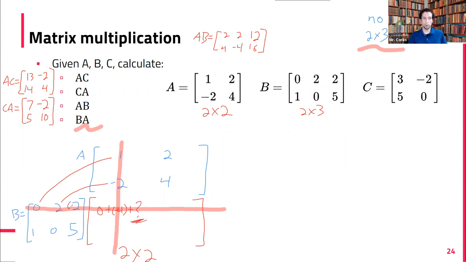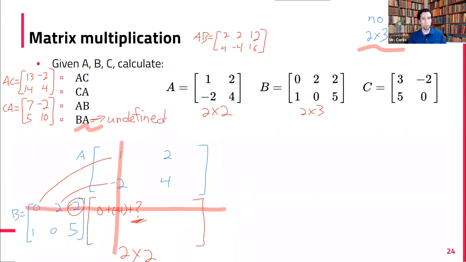We have a 2 here in our first row for B, but in A, we ran out of values. There's nothing left to multiply it by. We're always matching these up one by one. We have a 2 here in B with no partner, with no matching position in A. So we stop. If it doesn't match up like that, matrix multiplication doesn't work. This is an undefined operation.